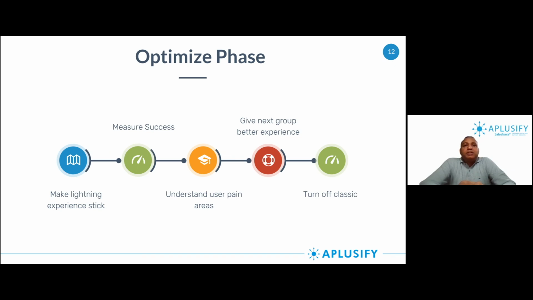Now, how do you measure the success? You need to talk to the users. Say there are maybe 200 users who are actually using the org. Out of those 200 users, after the migration, how many are actually using the Lightning stuff? Are there just 50, or 100, or all 200?